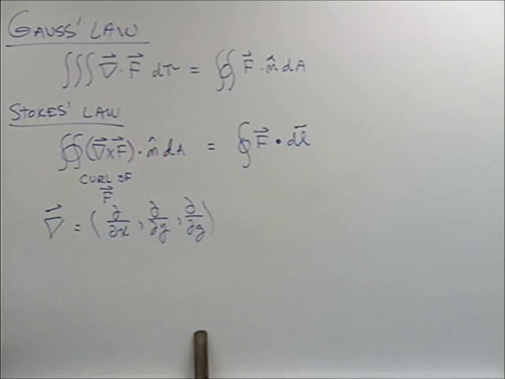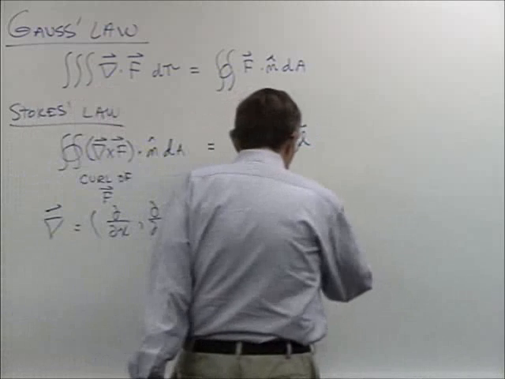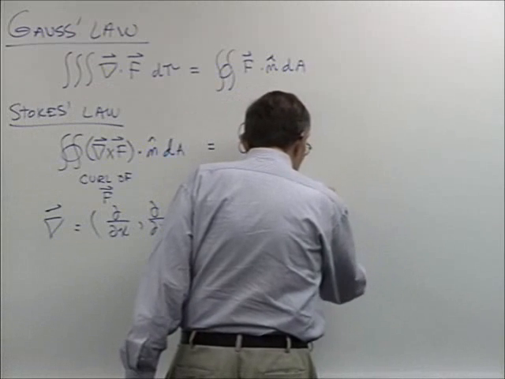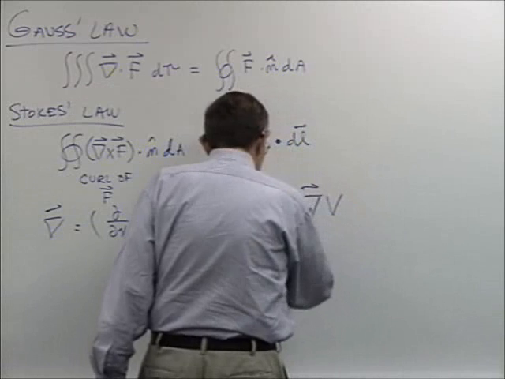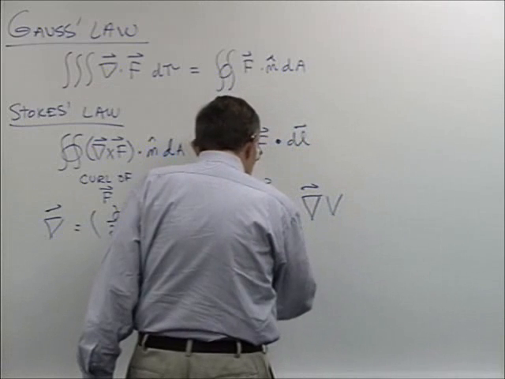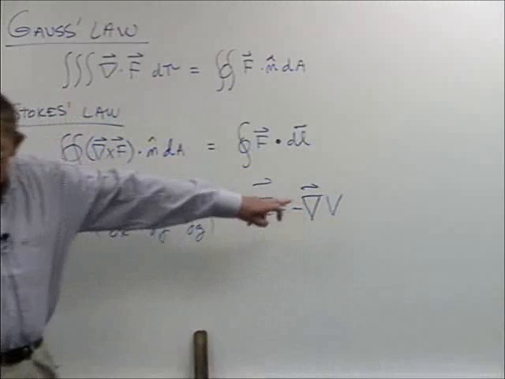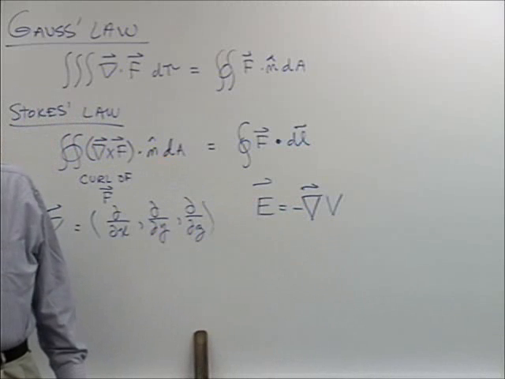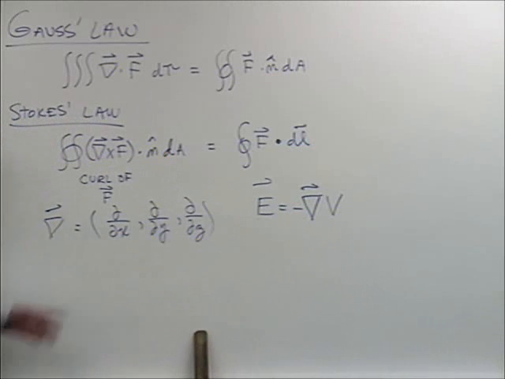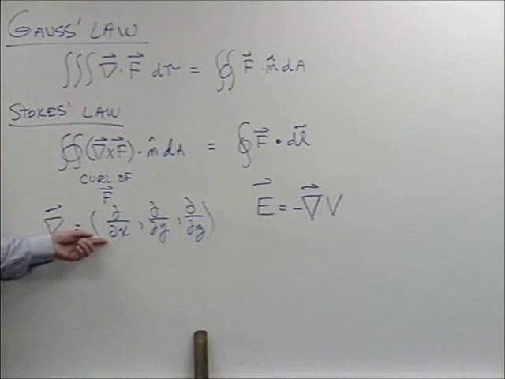And if you have a scalar potential like voltage, you should have gotten that the E field is minus the gradient of the voltage potential, right? And this has a form in different coordinate systems.